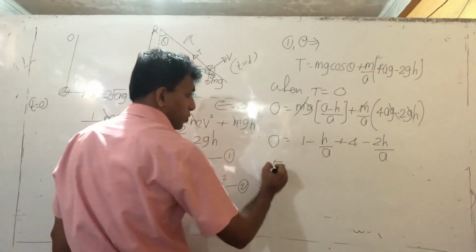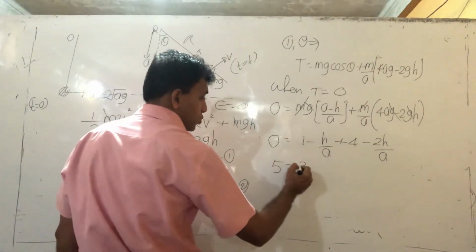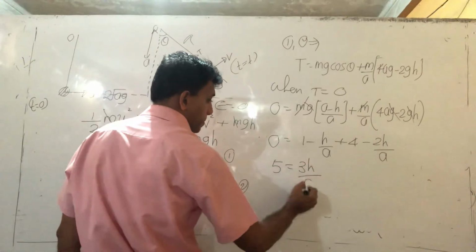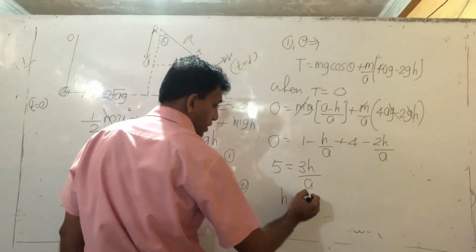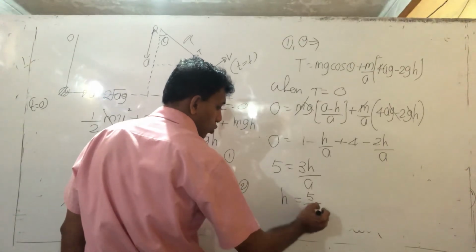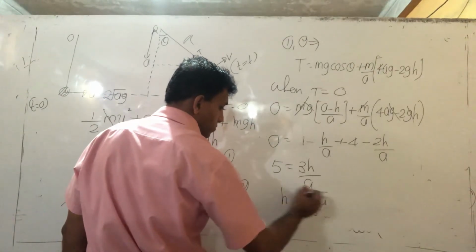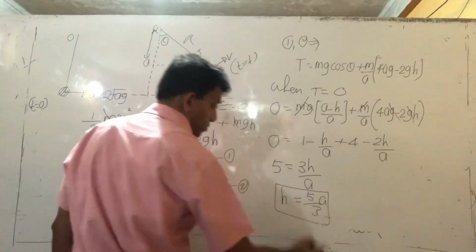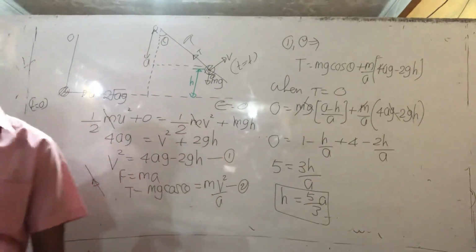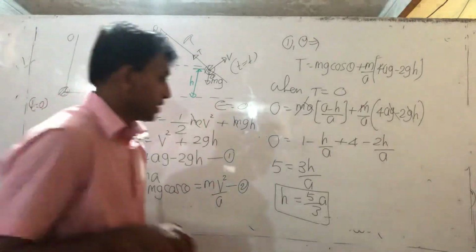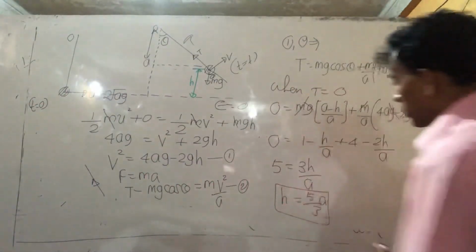Therefore 5 equals 3h over a. So the height above the ground is 5 over 3 a. Check, h equals 5 over 3 a.